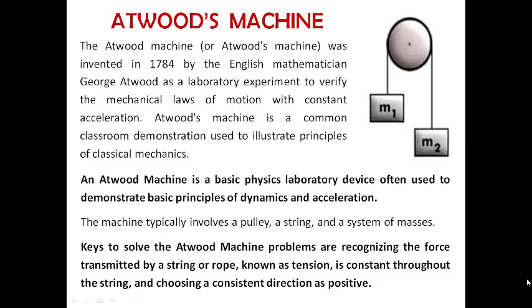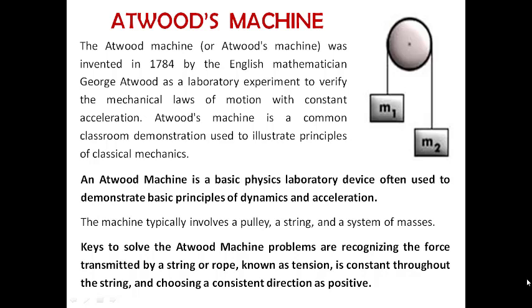The Atwood machine, or Atwood's machine, was invented in the year 1784 by the English mathematician George Atwood as a laboratory equipment to verify the mechanical laws of motion with constant acceleration. So basically Atwood's machine is a common classroom demonstration used to illustrate principles of classical mechanics, specifically to demonstrate basic principles of dynamics and acceleration.